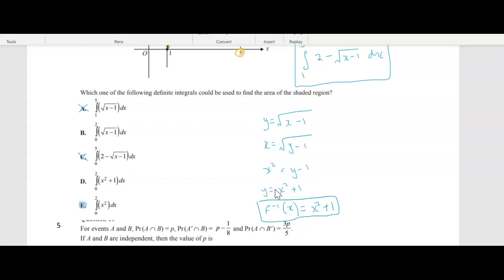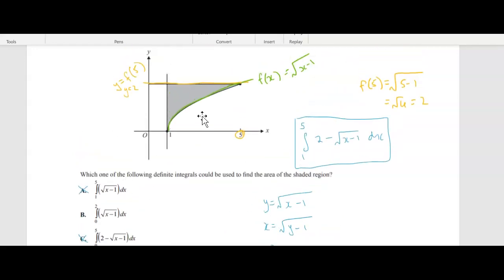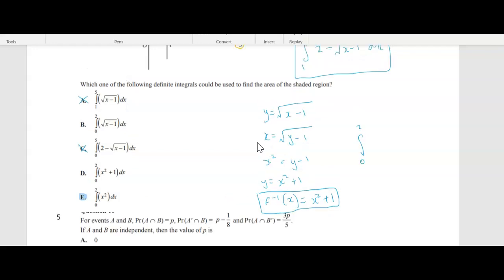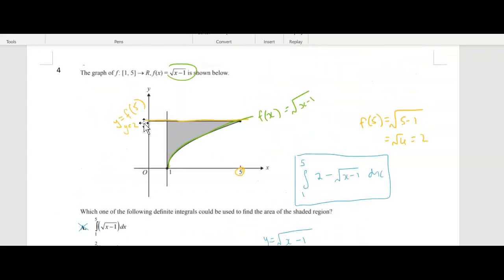All right, so if we're finding the area using the inverse, this point here, y equals 2, now becomes x equals 2. So we're going from 0 to 2. And this vertical line going through, oh, you can't see my pointer, let's highlight it.